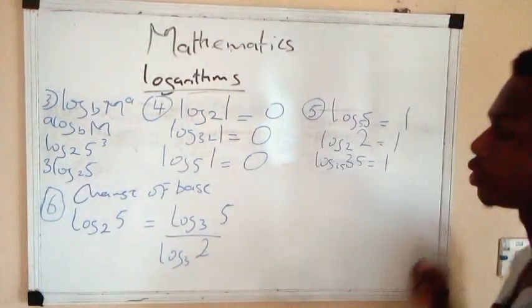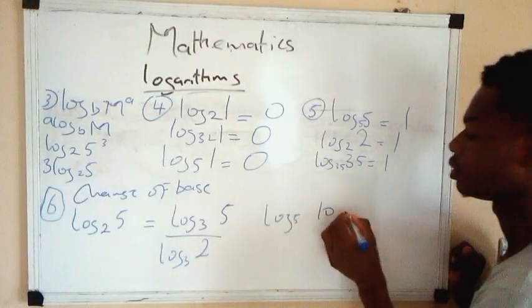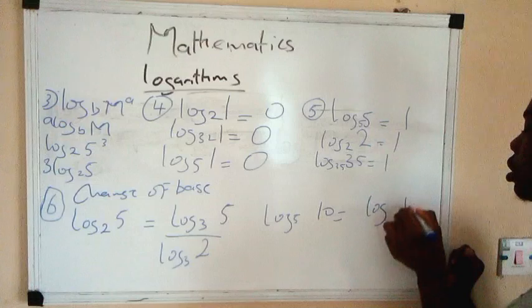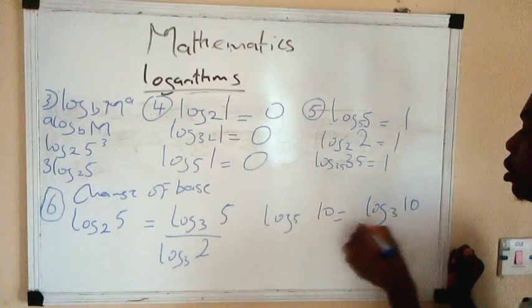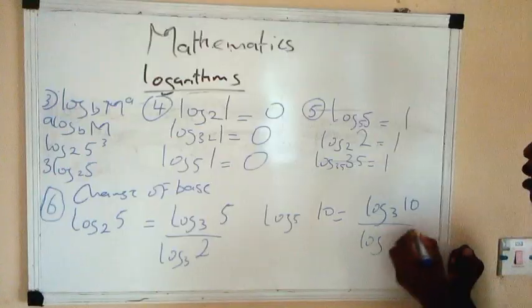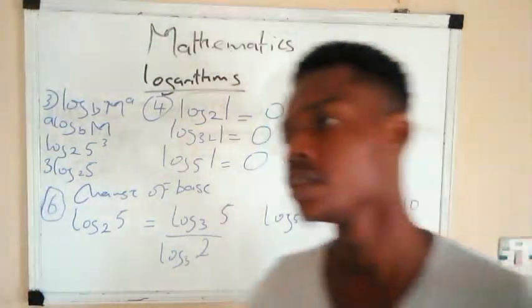This is how you change it. If you also have log 10 base 5, the same thing, I want to change to base 3: log 10 base 3 over log 5 base 3. So that's how you do change of base.